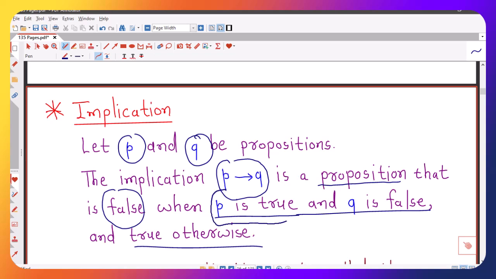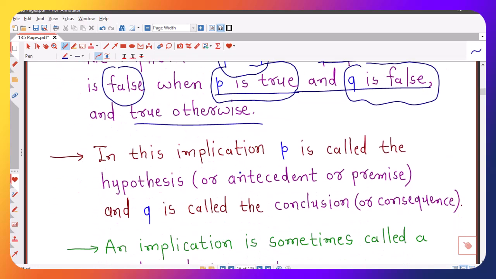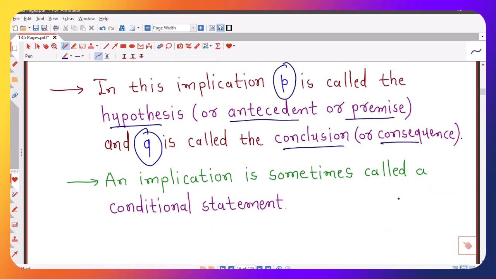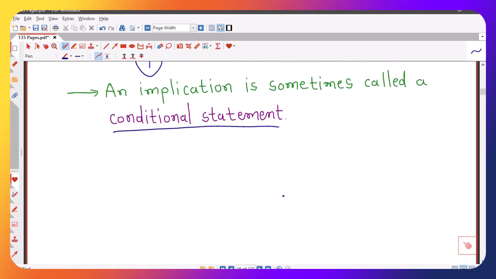Whenever P is true and Q is false, only then is P→Q false. In all other cases, the implication has true value. In this implication P→Q, P is called the hypothesis, and it has two other names also, and Q is called the conclusion or consequence. This implication is sometimes called a conditional statement also.